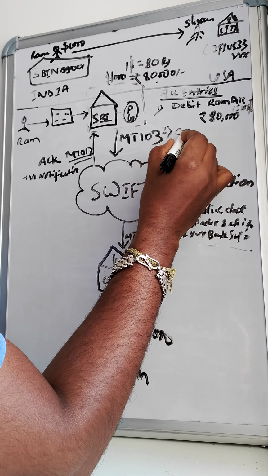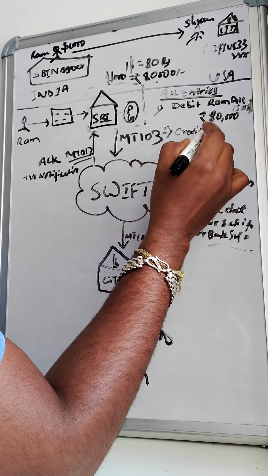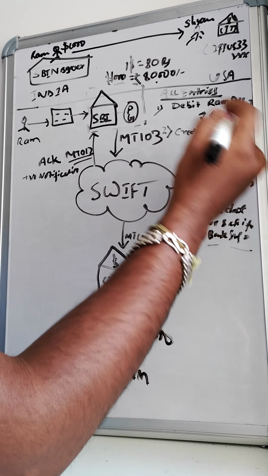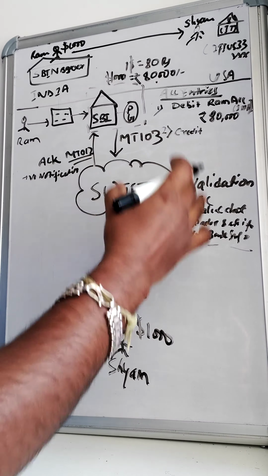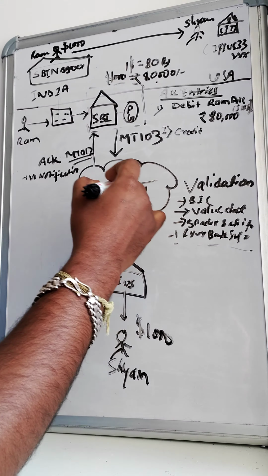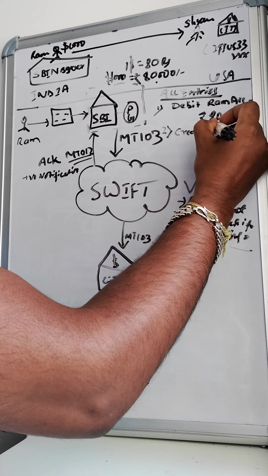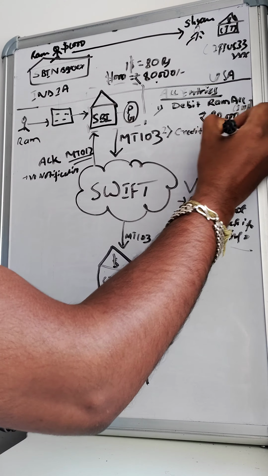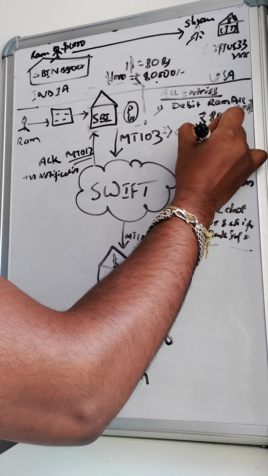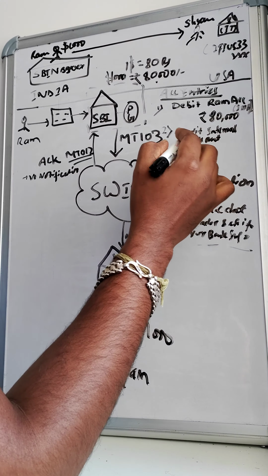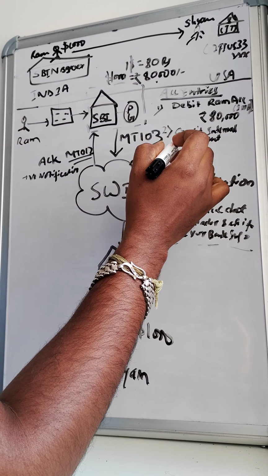This is first, and then the SBI bank will credit its internal account for later reconciliation purposes. So they will credit the internal account, right?